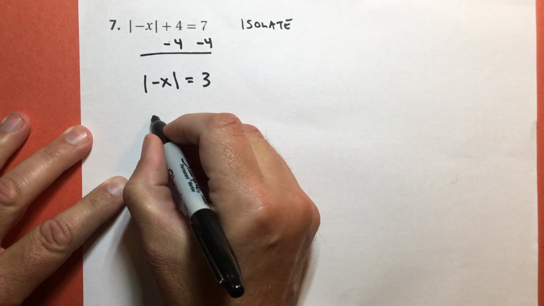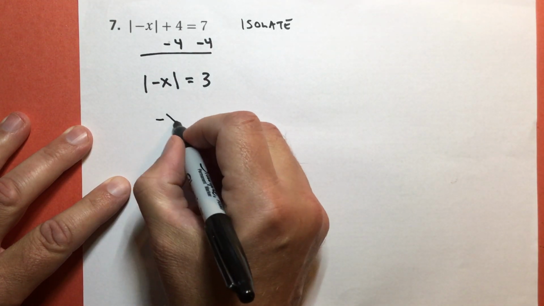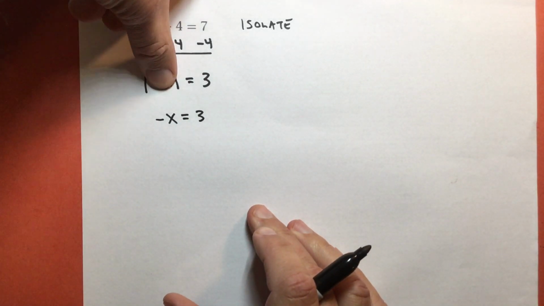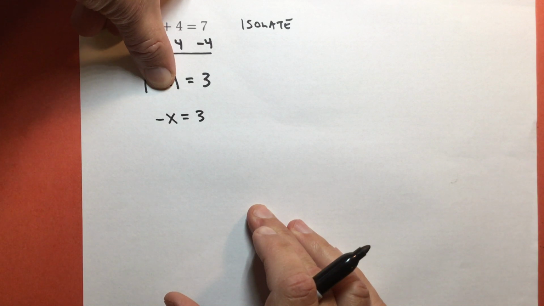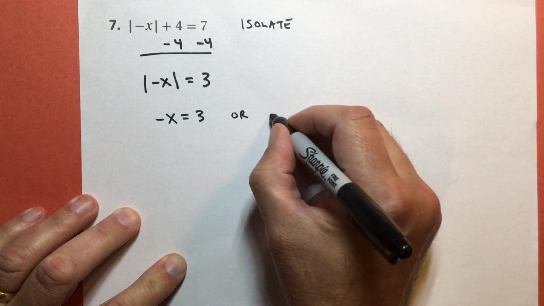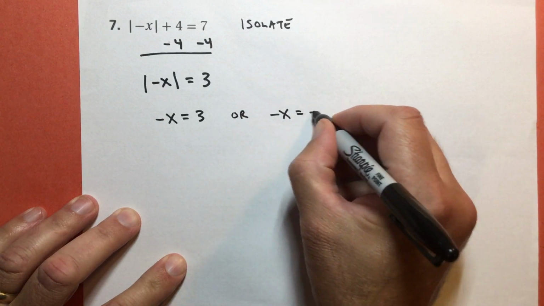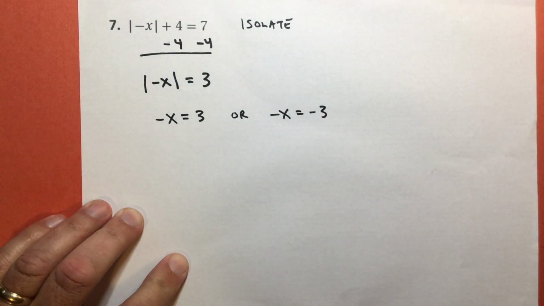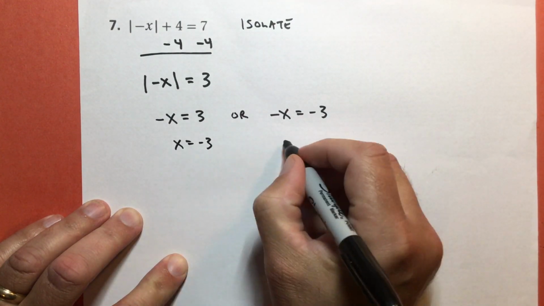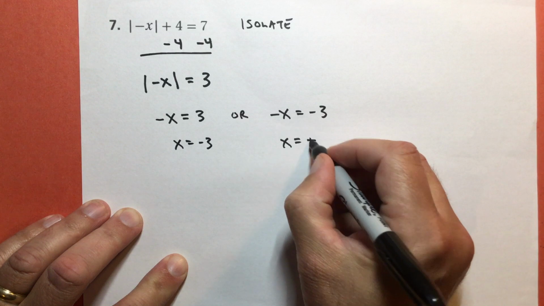So, I've got the opposite of x could equal positive 3. So what's under my thumb right here could equal positive 3. The absolute value of 3 does equal 3. So this could equal 3. Or the opposite of x could equal negative 3. So I get x equals negative 3 here, and over here I get x equals positive 3.